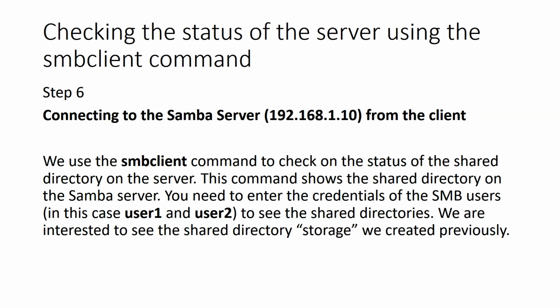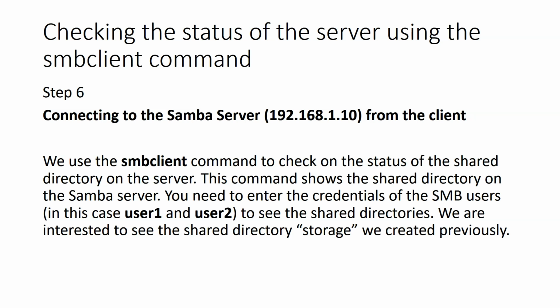Connecting to the Samba server from the client. We know that the IP address of the Samba server is 192.168.1.10. We should use the smbclient command to check on the status of the shared directory on the server. This command shows the shared directory on the Samba server. You need to enter the credentials of the SMB users, in this case user1, user2, to see the shared directories.